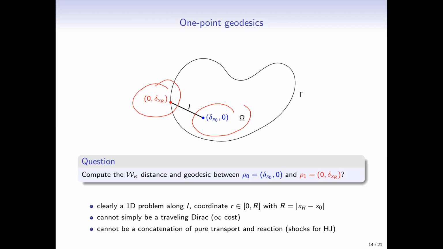And this is not compatible with the flux penalization that I built in my model, right? You cannot jump that because it's essentially an L2 in time integral. So this will have infinite cost.